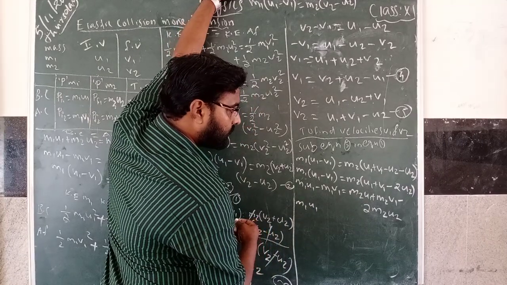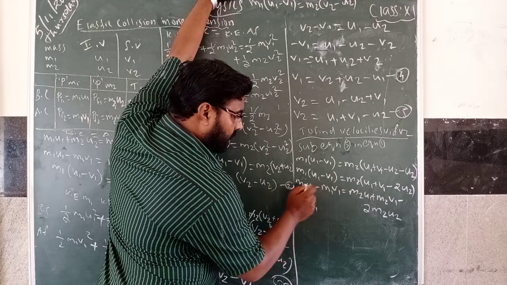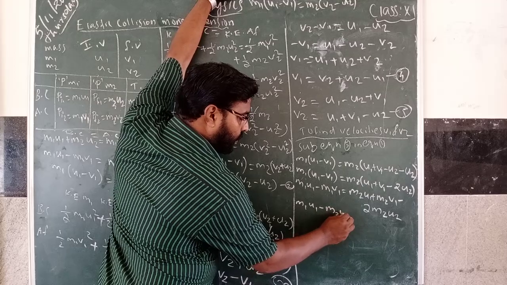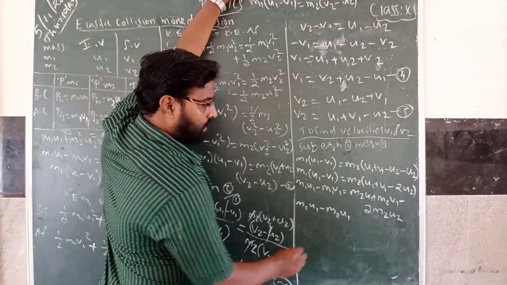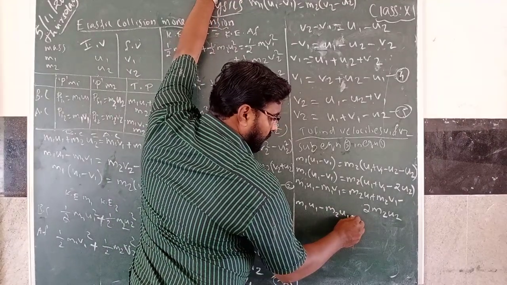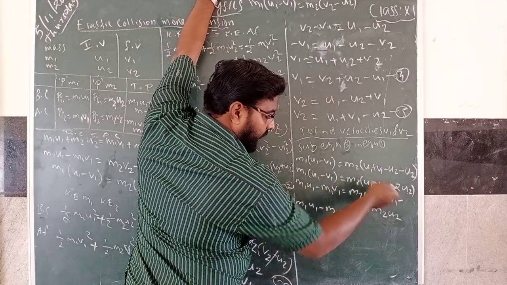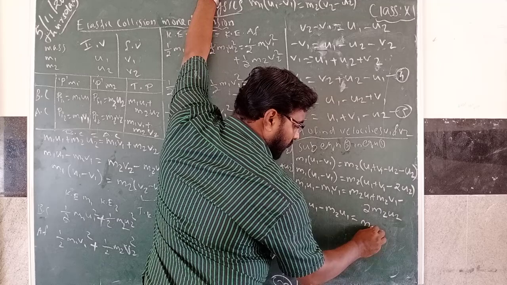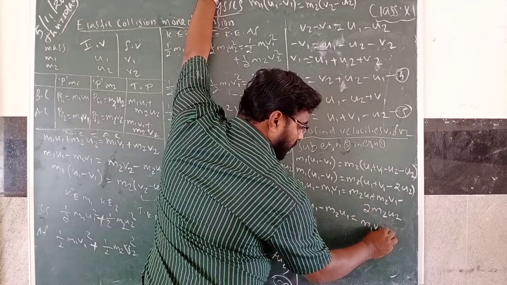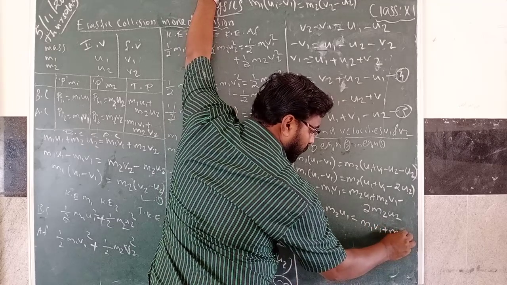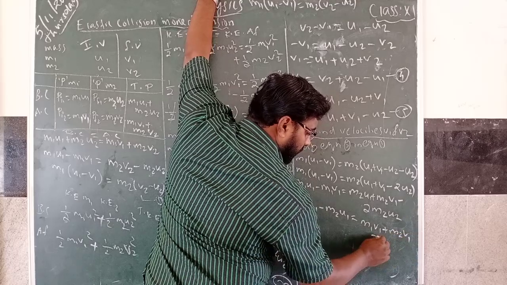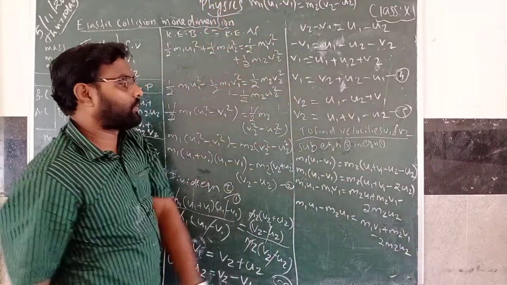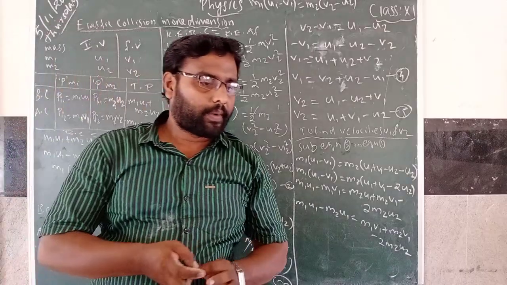So M1 U1 minus M2 U1 is equal to this minus, take that side. So M1 V1 plus M2 V1 minus 2 M2 U2. Okay.